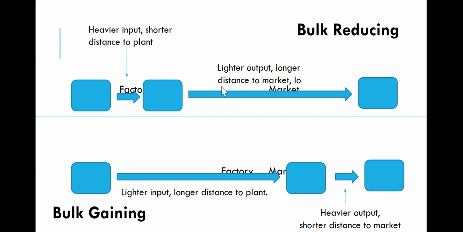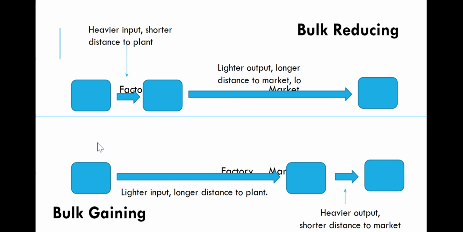With bulk reducing goods, you are going to locate the factories closer to the raw materials than the market, because potentially it costs more to transport the raw materials than the finished product. It's sort of whittled down from the beginning, and you end up having a lighter output as you get to the market.